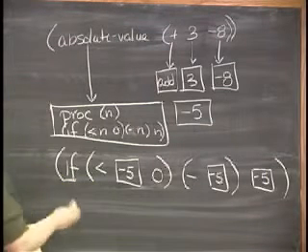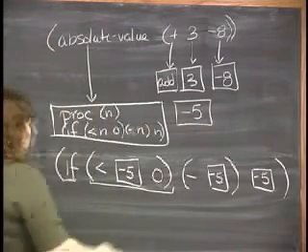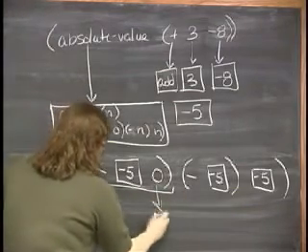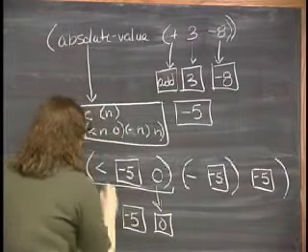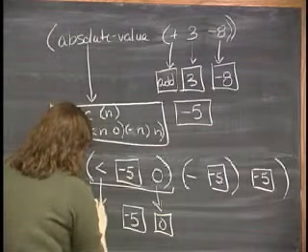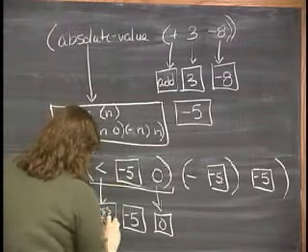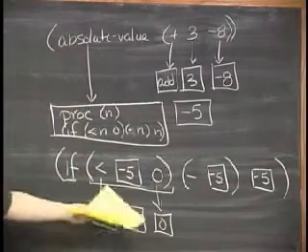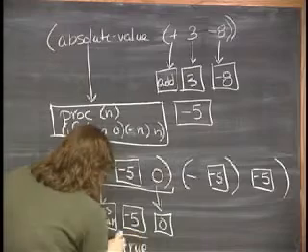And for the if, it says the first thing we want to do is evaluate the predicate. So we go through, 0 and -5 are already evaluated. Apply less than to -5 and 0, which is true.